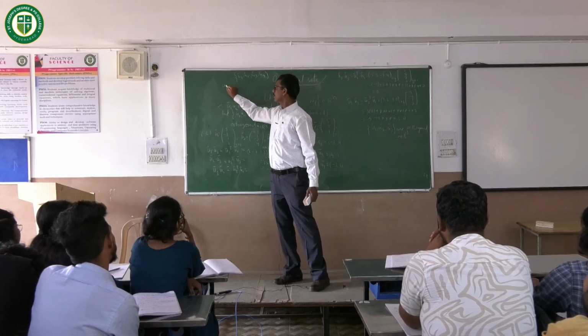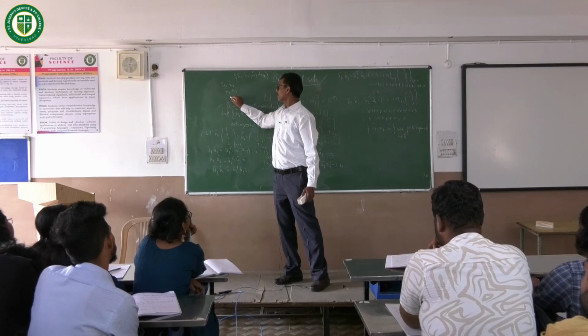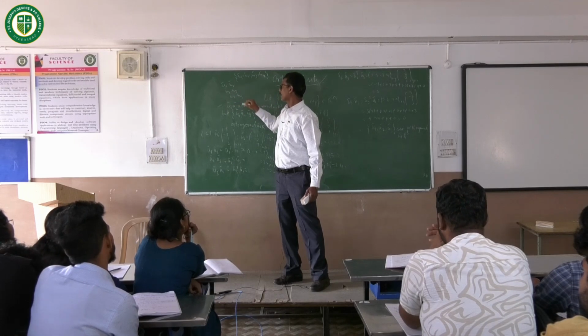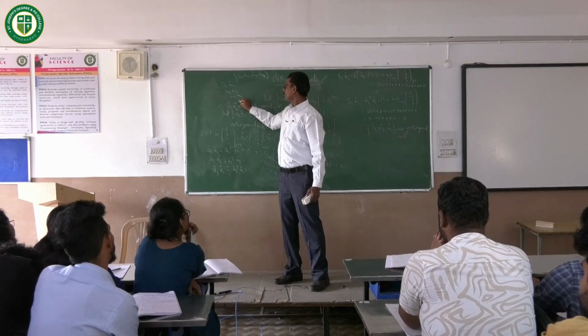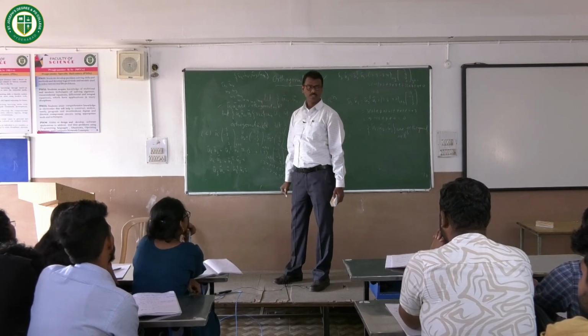So the possibilities: u1 and u2 is one possibility, u2 and u3 is another, u3 and u4 is another, u1 and u4 is a possibility, u2 and u4 is also a possibility, right?